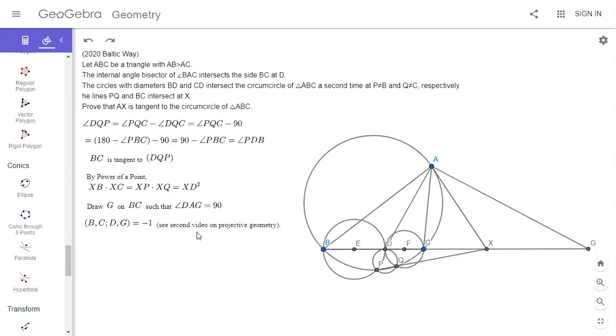If we let A prime be the tangent from X to the circle, then XD is equal to XA prime. We want to show A and A prime are the same point.